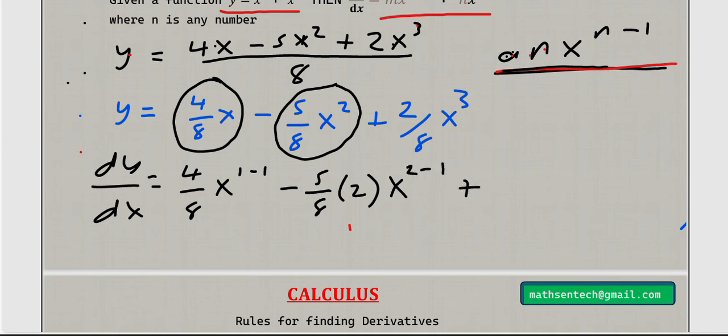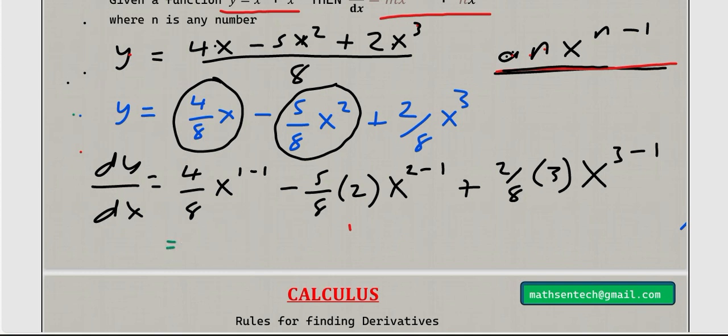Then plus our a is 2 over 8, our n is 3, so again 2 over 8 multiplied by 3, which is our n, then x 3 minus 1. Okay, now having that, you can simplify it further.